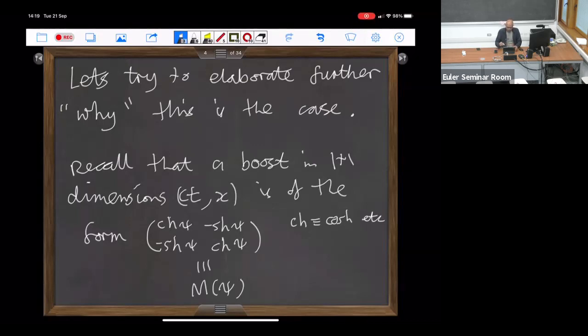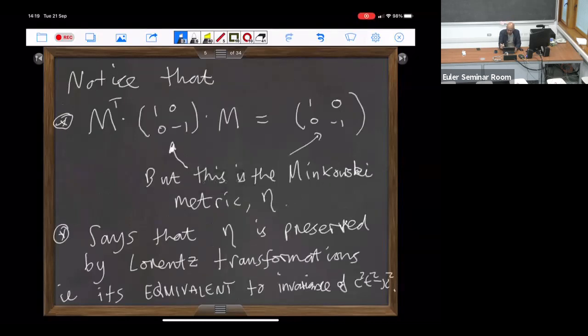So a boost, I remind you, in 1+1 dimensions is given by this matrix of hyperbolic sines and cosines. Now, if I take this matrix M, I take its transpose, multiply by this matrix, which is just the Minkowski metric in 1+1 dimensions, and I multiply by M, and I get back the Minkowski metric.